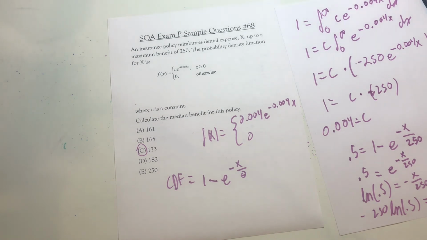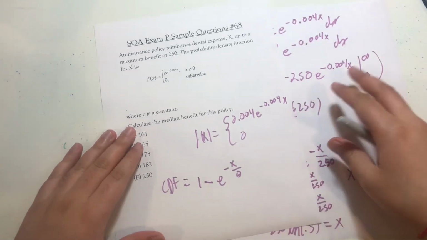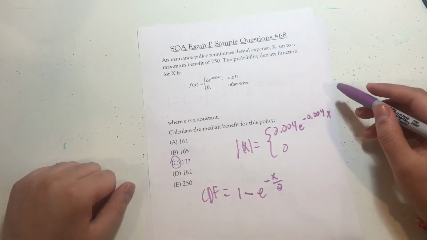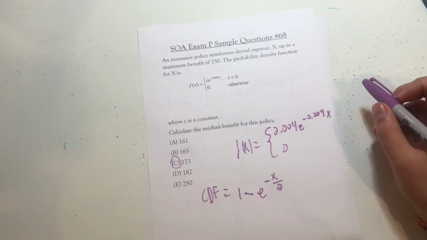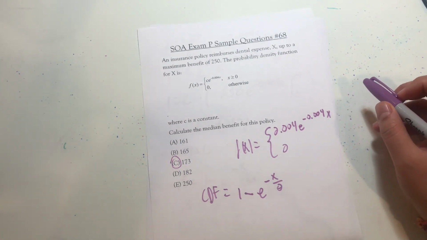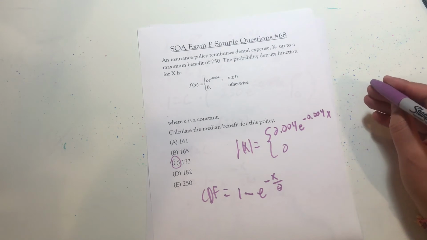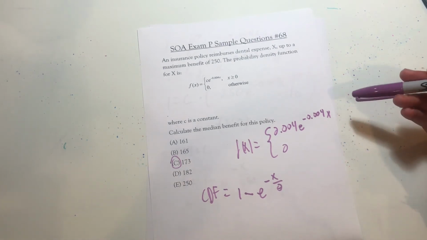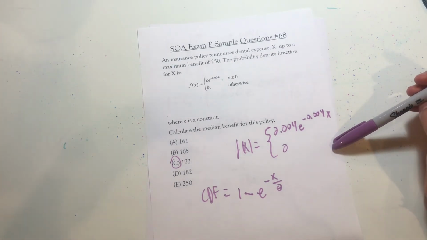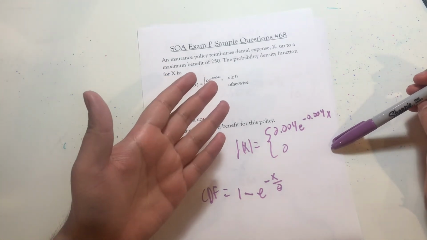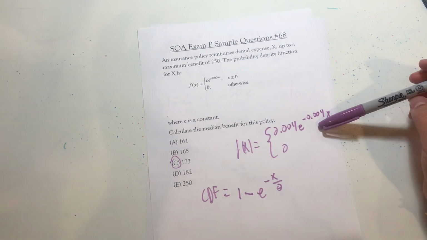So just a quick overview of this problem. It gives us a density function with some constant out front, and that's not unusual. Sometimes a question will frame a situation as: here's a density function, or the density function of a random variable is proportional to this equation, where essentially it's that equation with a constant in front.